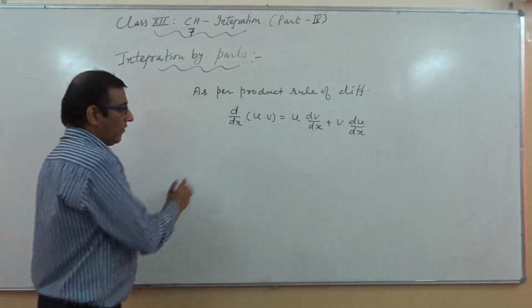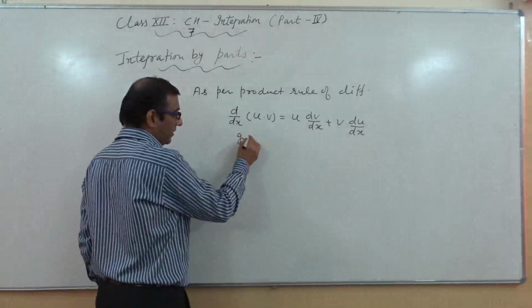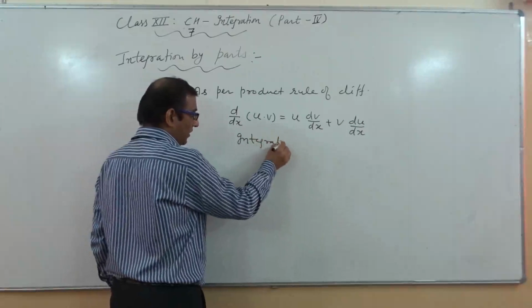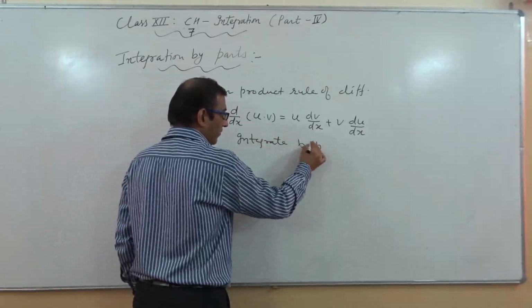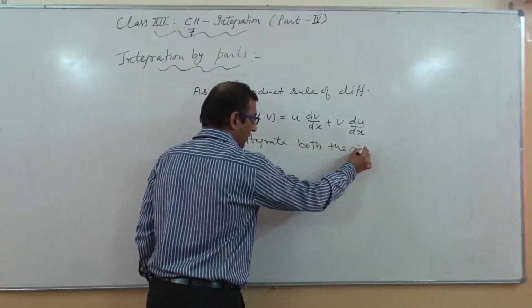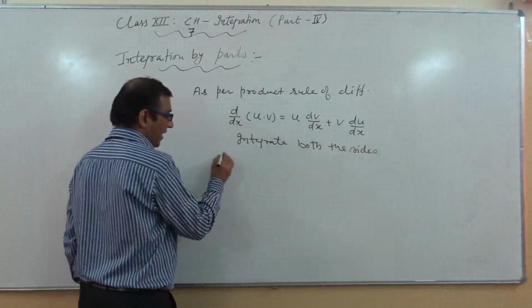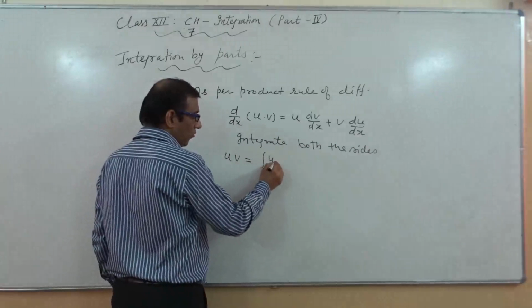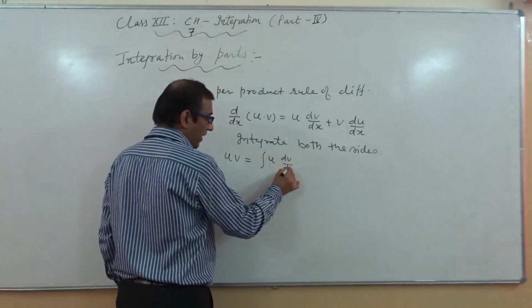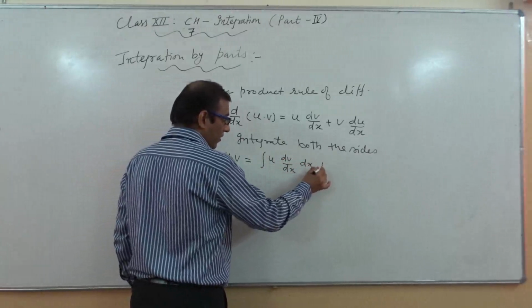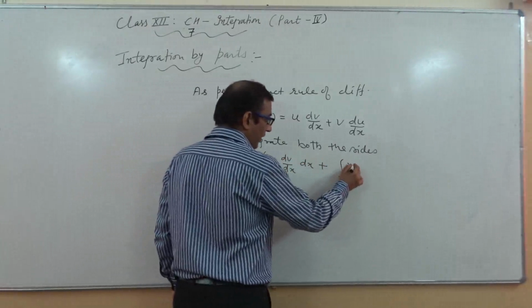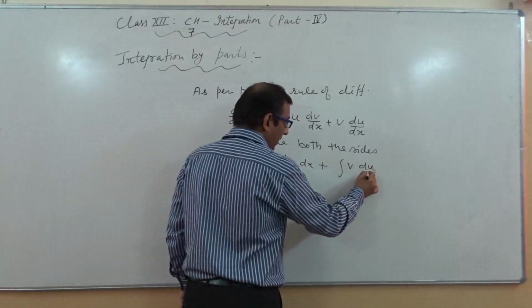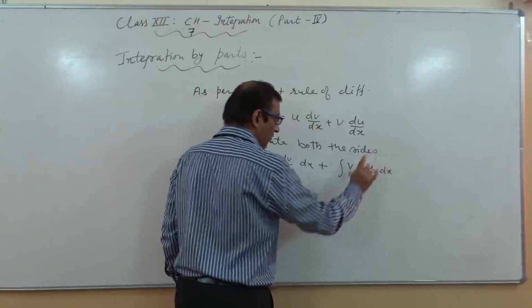Now after this we will integrate both sides with respect to x, so that it can be written as u into v equals integral of u dv upon dx into dx plus integral of v du upon dx into dx.